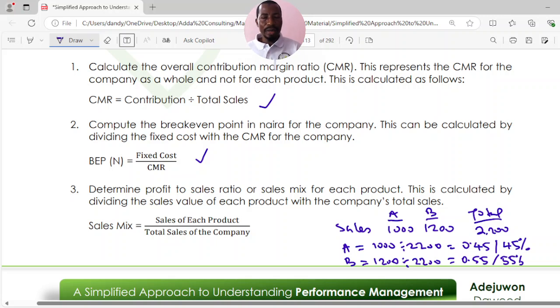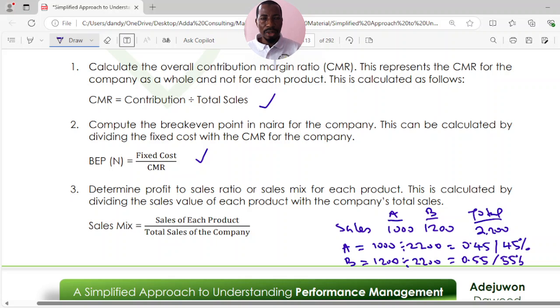So that is that. Then step 4 is to determine break-even points in value for each product. Then step 5, break-even points in units for each product. To get the break-even points in value for each product, all you need to do is to multiply the overall break-even points in value you have computed in step 2 with the step 3, the sales mix of each product.